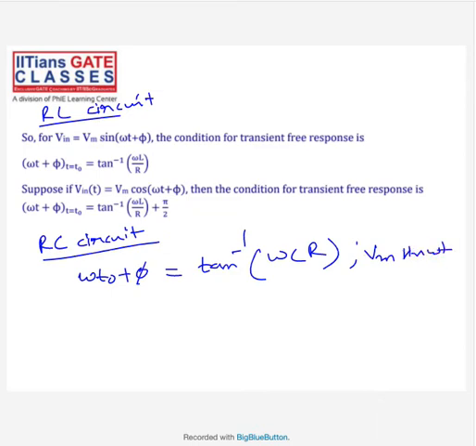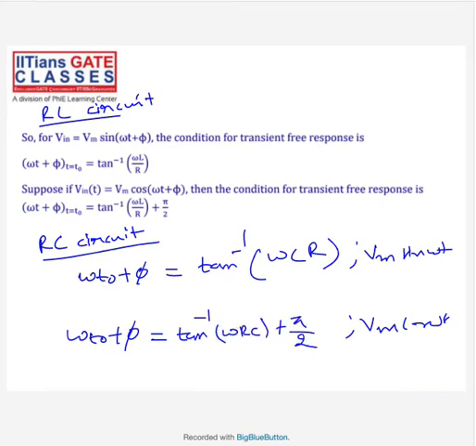If V is cos omega t, this will be omega t naught plus phi is equal to tan inverse omega RC plus pi by 2. That is the transient free condition.